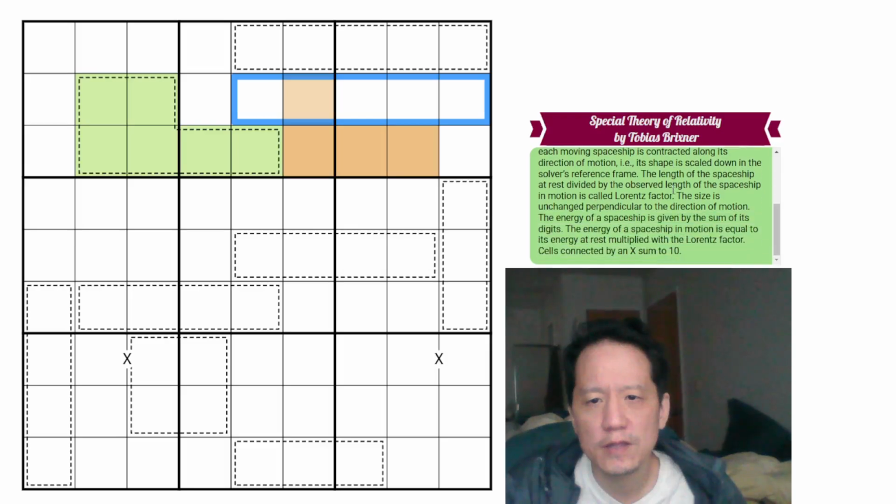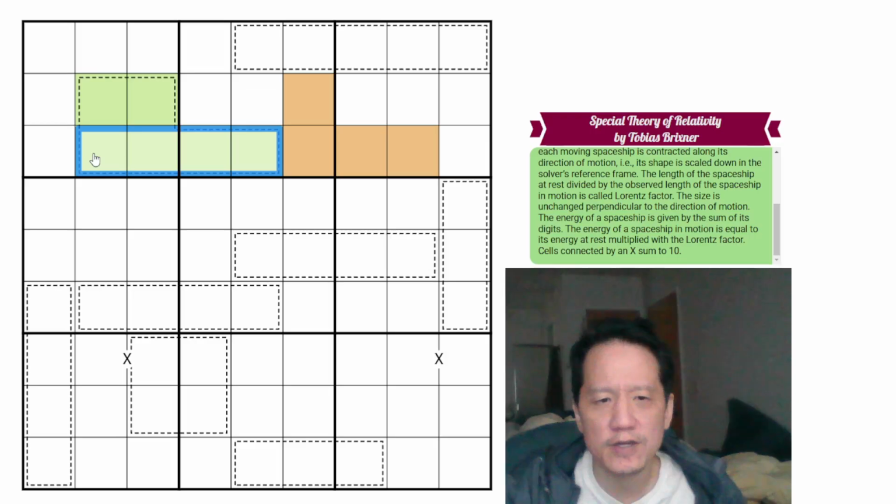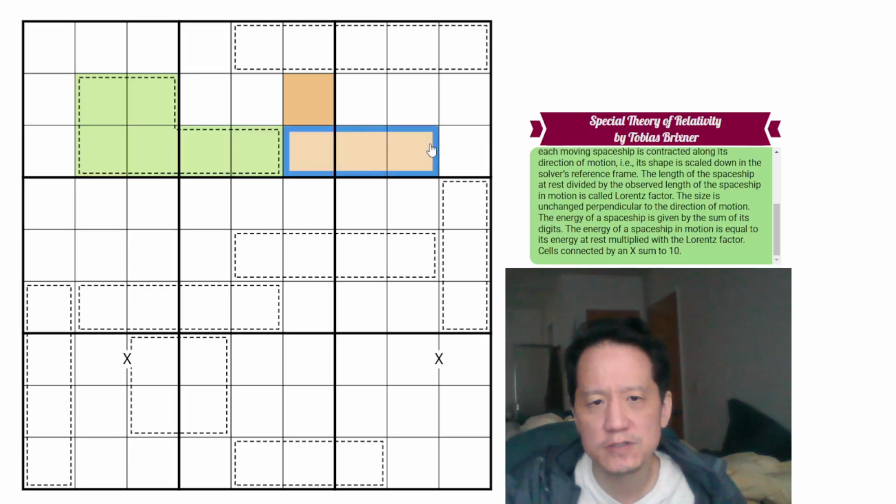The length of the spaceship at rest divided by the observed length of the spaceship in motion is called Lorentz factor. So that would be this divided by this, or this divided by that. That's the Lorentz factor, whatever this division is.